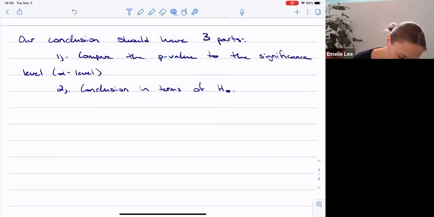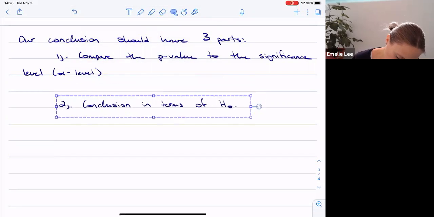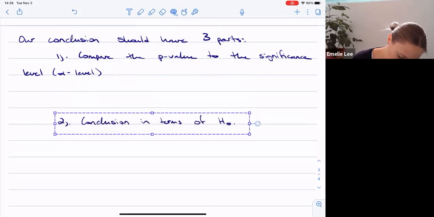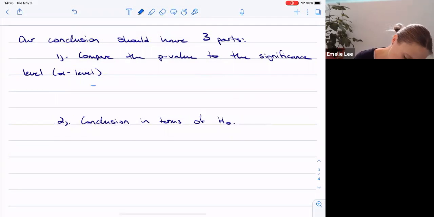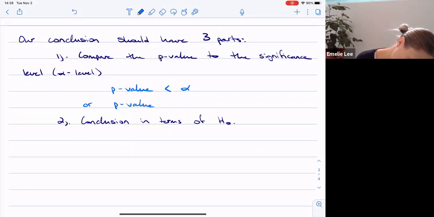And maybe what I'll do is I'll kind of give you the two scenarios underneath here. So the p-value is less than the alpha level, or the p-value is greater than the alpha level.